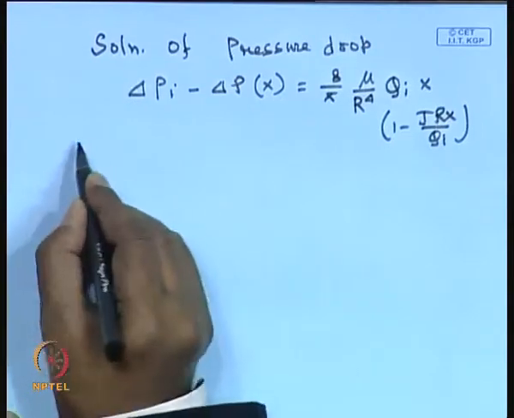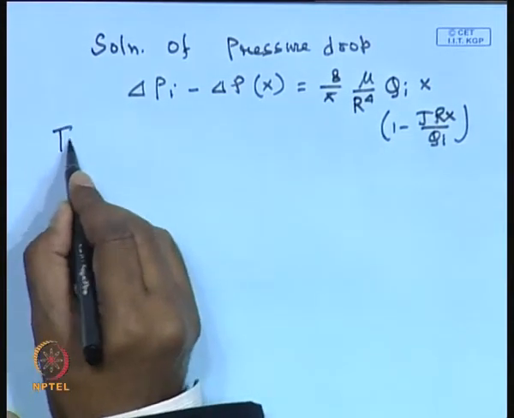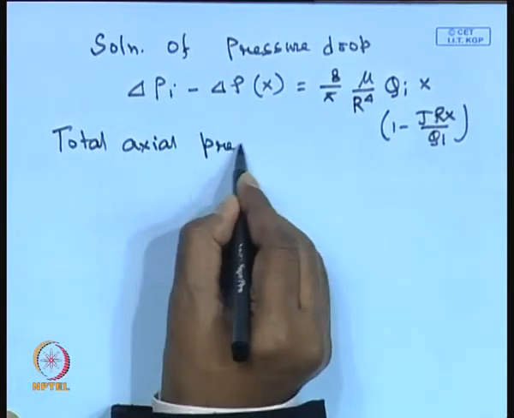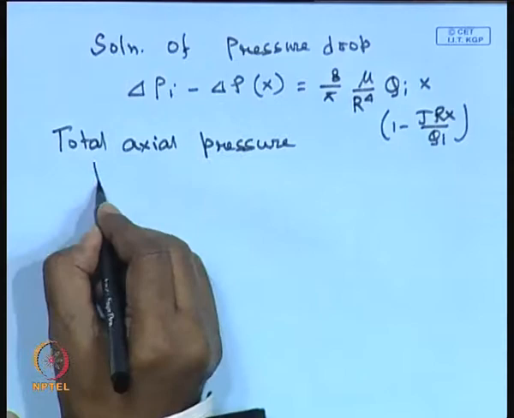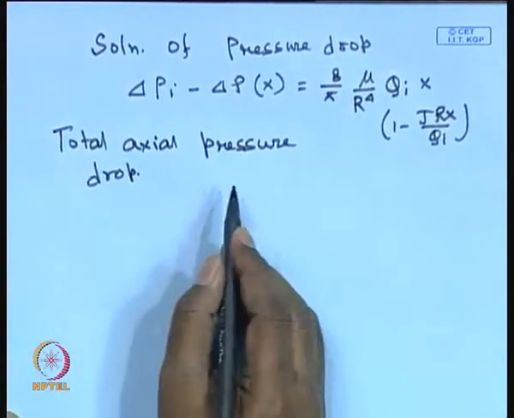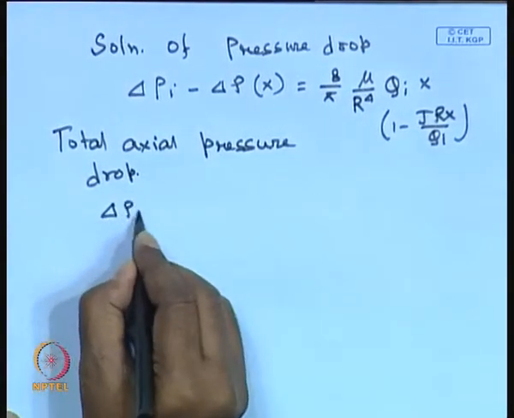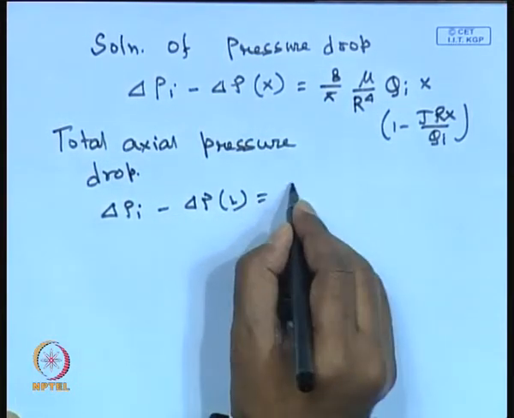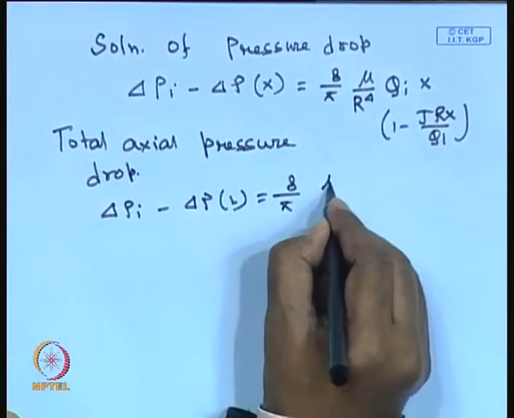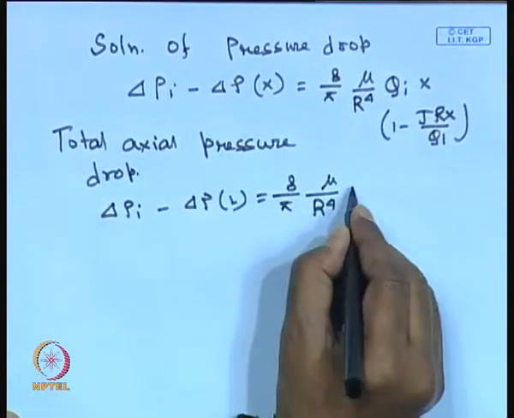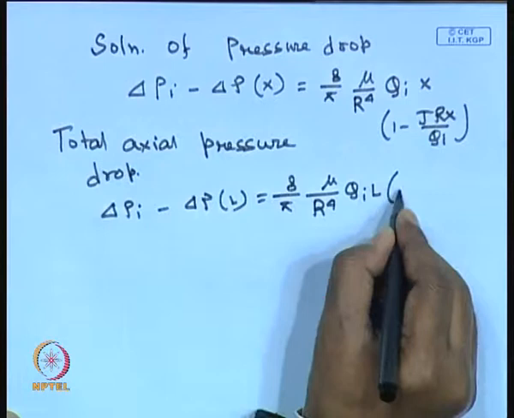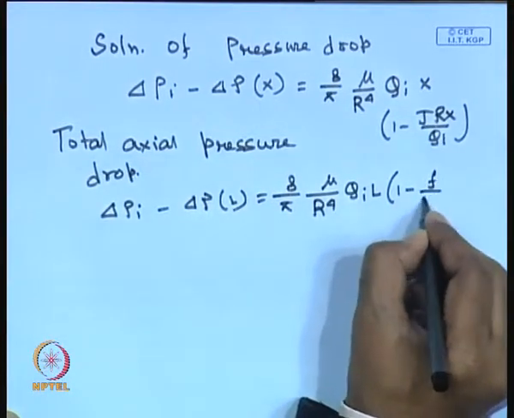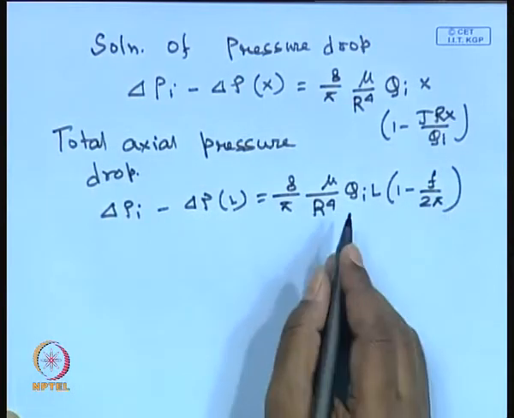And for the total axial pressure drop across the module, it becomes delta p in minus delta p L is equal to 8 over pi mu by r to the power 4 q in times L times 1 minus f over 2 pi. Okay, I will define that.